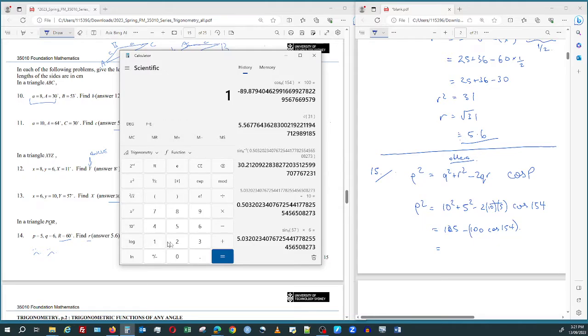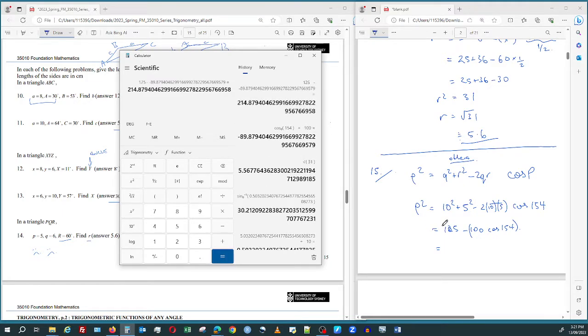Then we're going to go 125 minus memory recall, 214.879 dot dot dot. Now we're going to take the square root of that. That gives us 14.6.